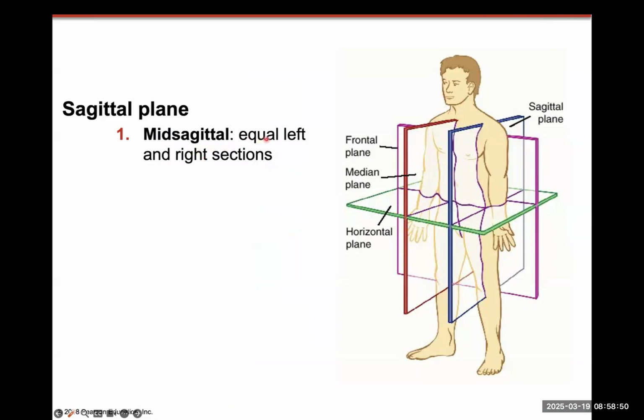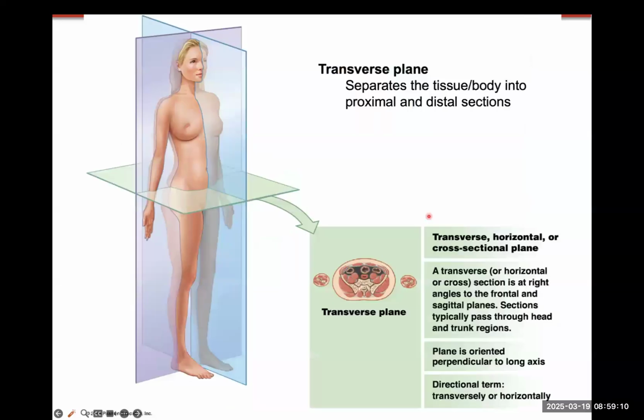So mid-sagittal gives equal left and right sections, and parasagittal is parallel to the midline. So this is the sagittal plane, and that's the median plane, frontal plane, and then the horizontal plane.